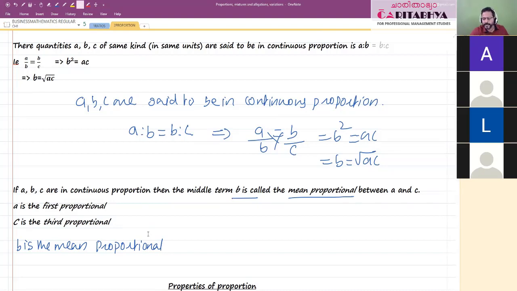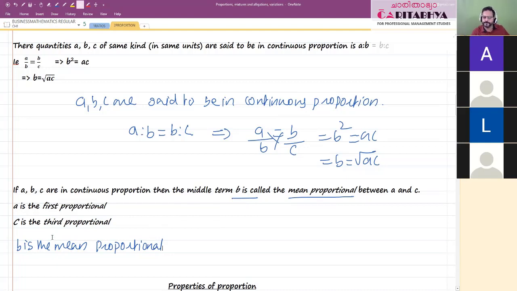Only when two ratios are equal do we get a proportion, that is why A is to B is equal to B is to C. That implies B square equal to AC or B equal to root of AC. So in continuous proportion, the middle term B is called the mean proportional, the first term A is called the first proportional, and C is called the third proportional.